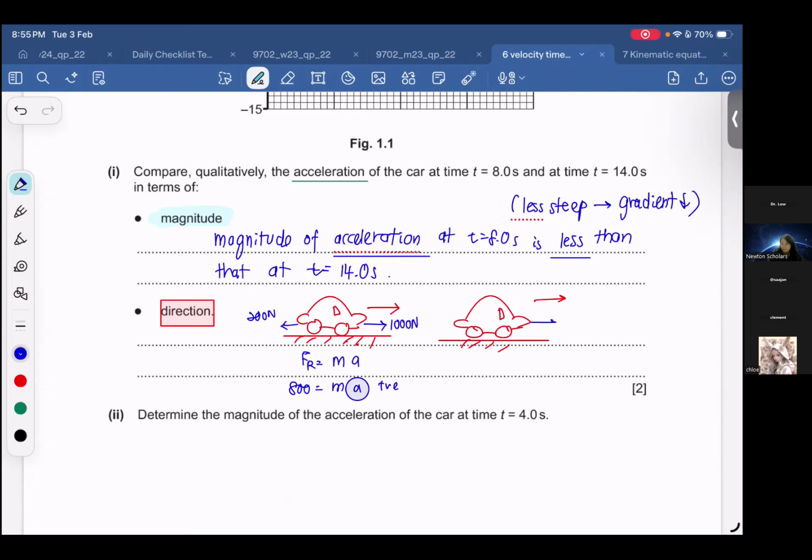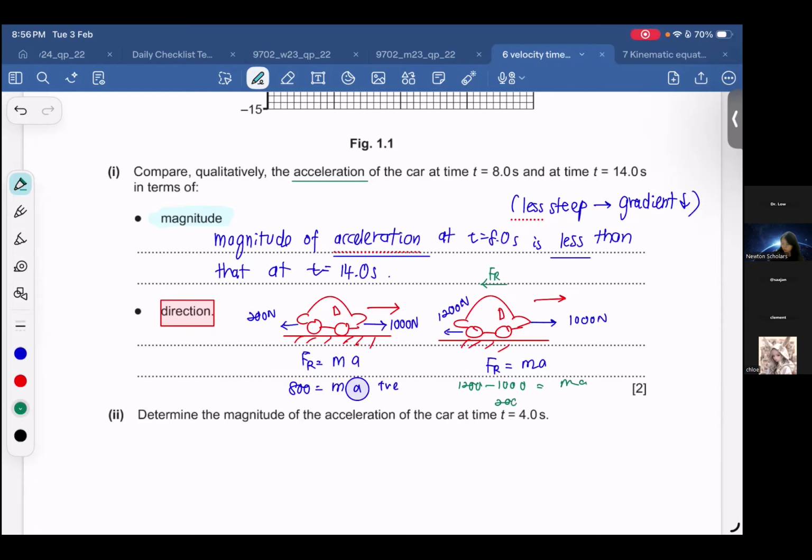Then here, let's say this one still has 1000 Newton, but here the frictional force becomes bigger. Maybe there is a wind, so it becomes 1200 Newton. So your resultant force should be the bigger force minus the smaller force. Where is the direction of your resultant force? Backward. So now your resultant force is in this direction: 1200 minus 1000 equals ma.